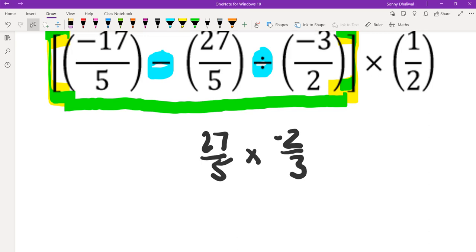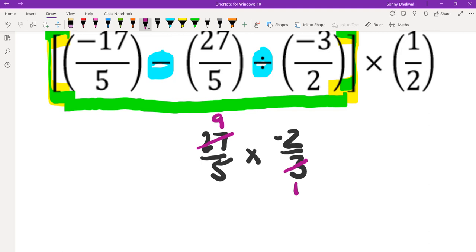Do you guys see anything? Yes, 3 and 27. What can both of these be divided by? 3. So we cross them out. Remember, a pair, a top and a bottom. So 27 divided by 3 is 9. 3 divided by 3 is 1. Is there anything else that can be reduced here?